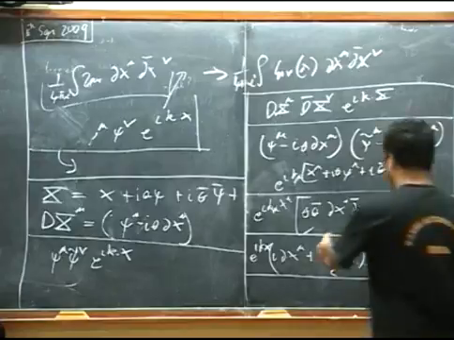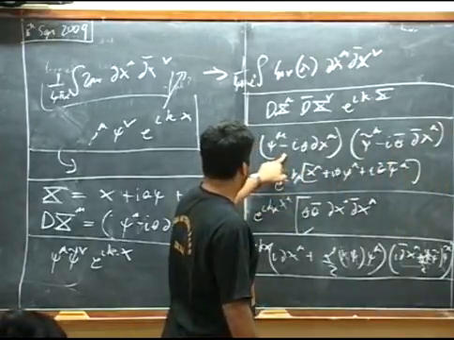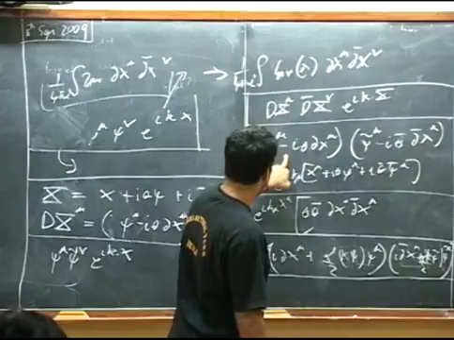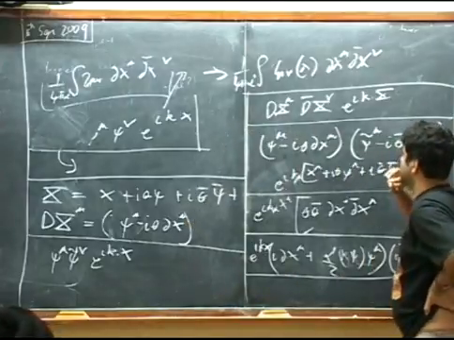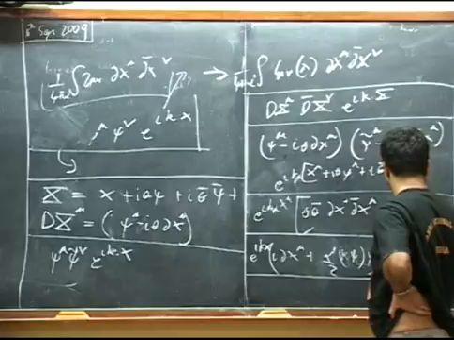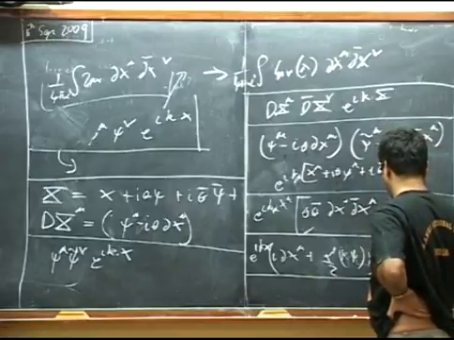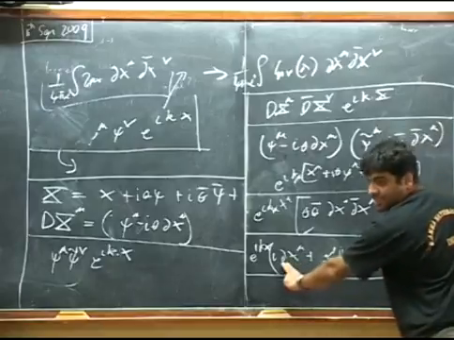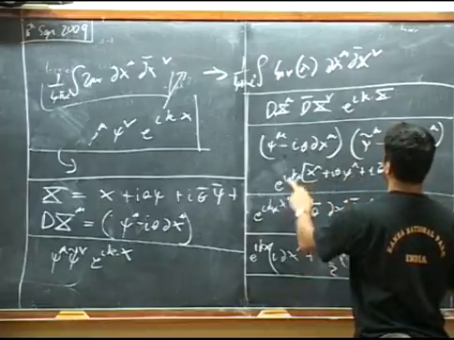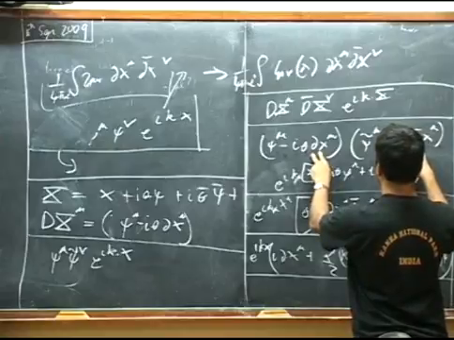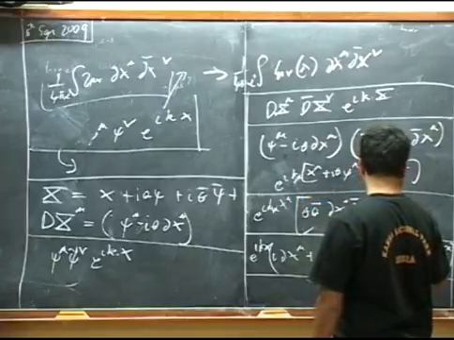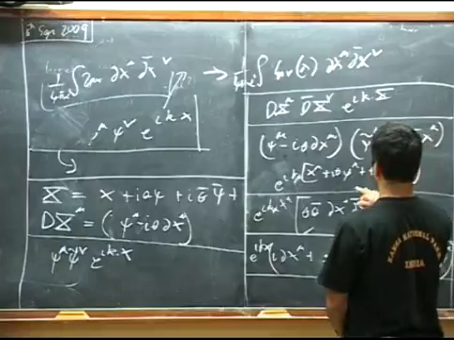So the two terms we have to compare are the term where del bar x dots with del bar x, which doesn't have an i, and the term where del bar x dots with psi.